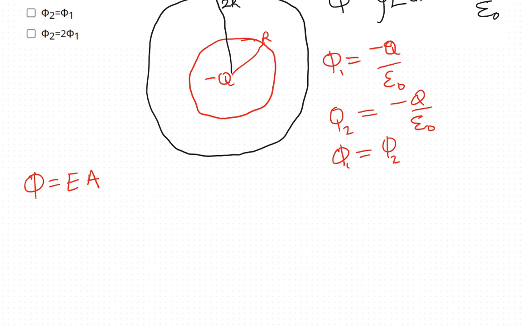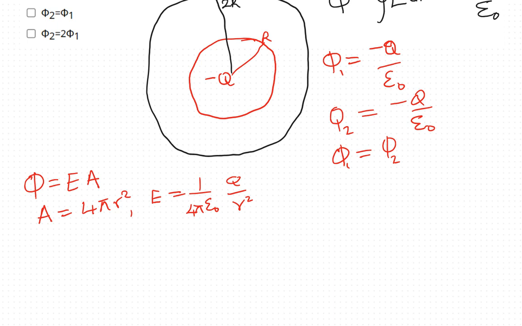The area of a sphere is equal to 4 pi r squared, and the electric field E is equal to 1 over 4 pi epsilon naught times Q over r squared.